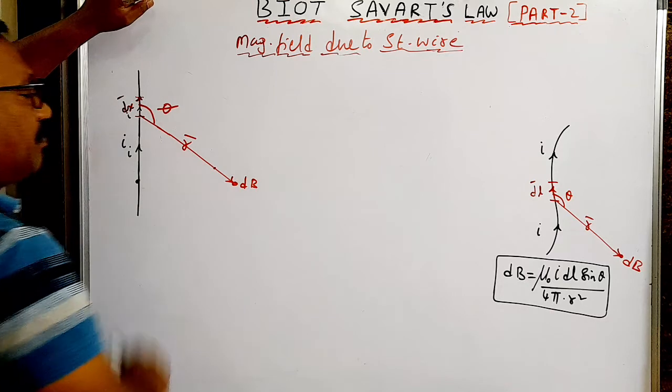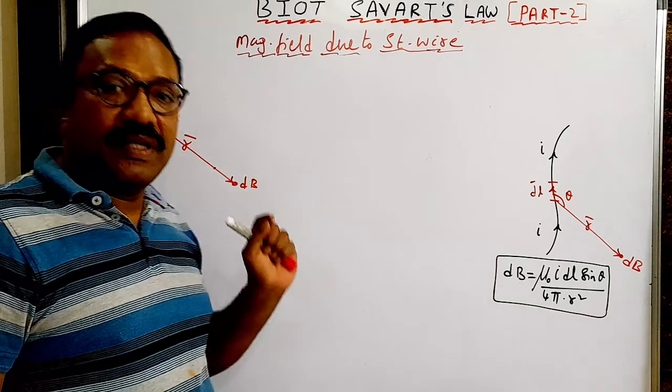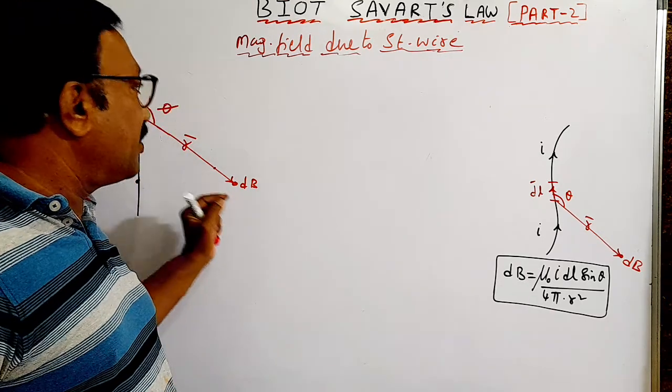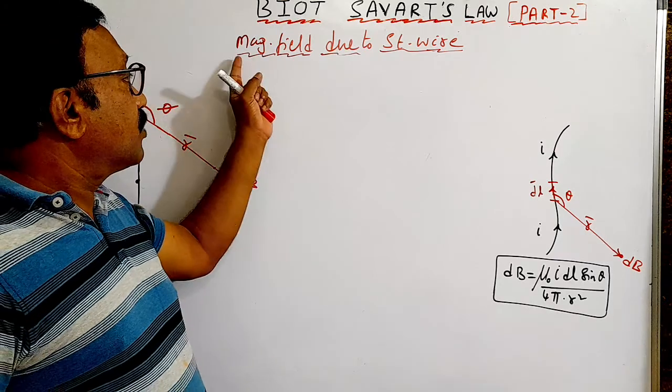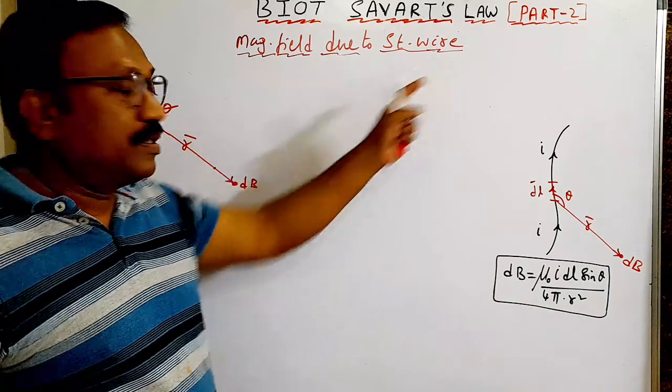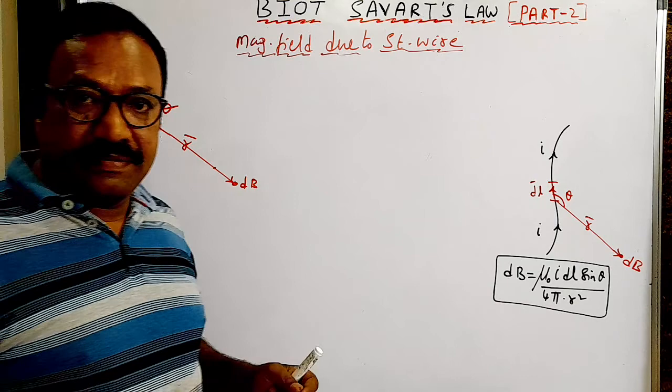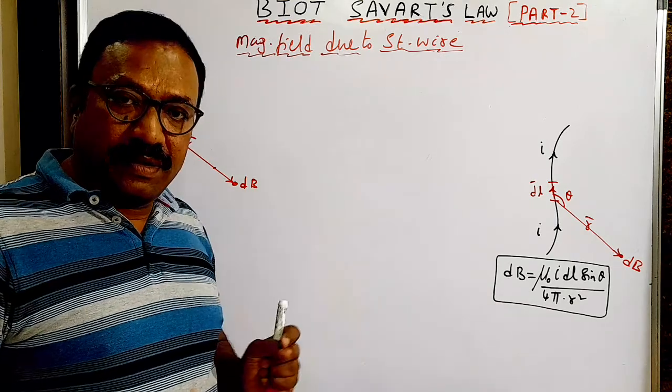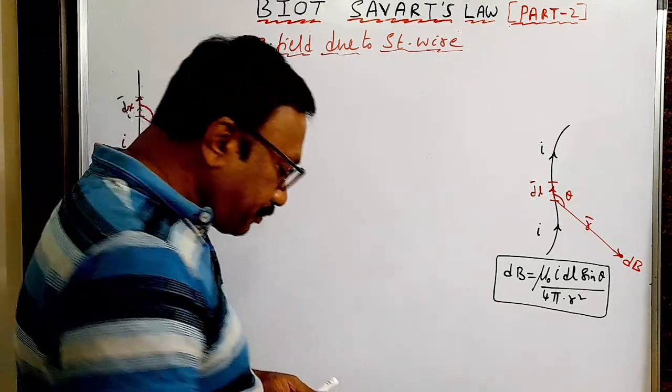So I want to derive an expression for the magnetic field due to a straight wire carrying current. We will be applying Biot-Savart law.